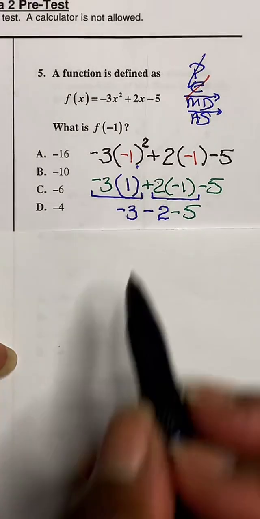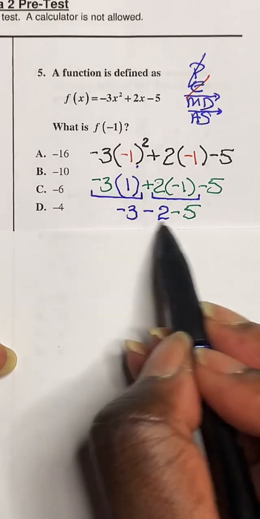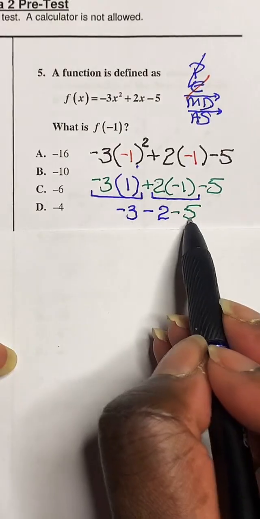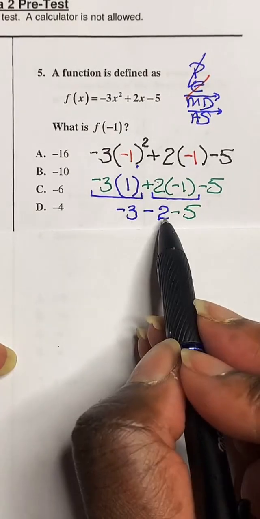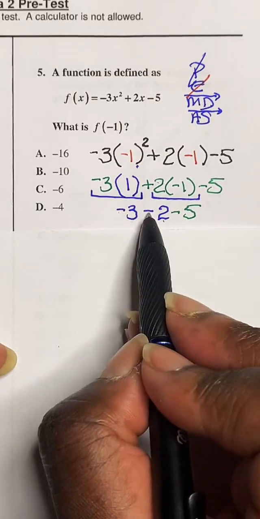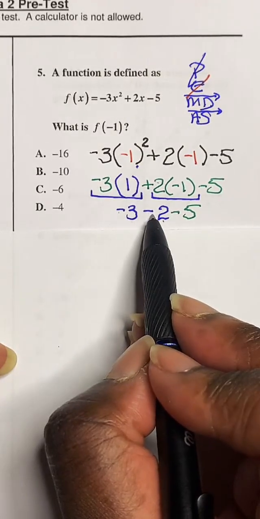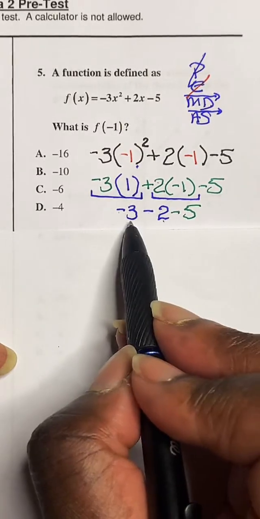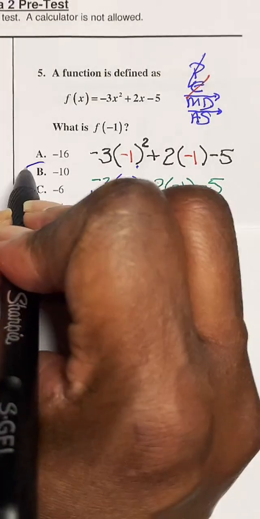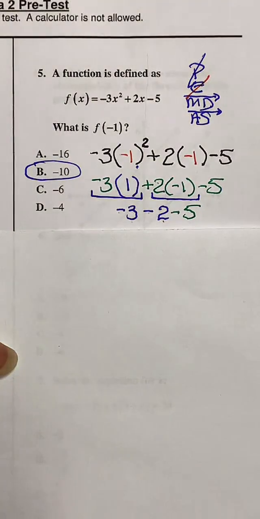So now from left to right, it's basically a form of addition because they're all negatives. So -3 minus 2 gives me a -5. When the signs are the same, you're adding them and keeping the sign. So you have your -5 minus 5, that gives you a -10.